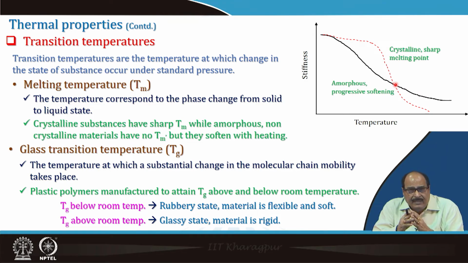Glass transition temperature is the temperature at which a substantial change in the molecular chain mobility takes place. Plastic polymers are manufactured to attain Tg above and below room temperature. Those materials which have Tg below room temperature may be in the rubbery state and the material is flexible and soft.